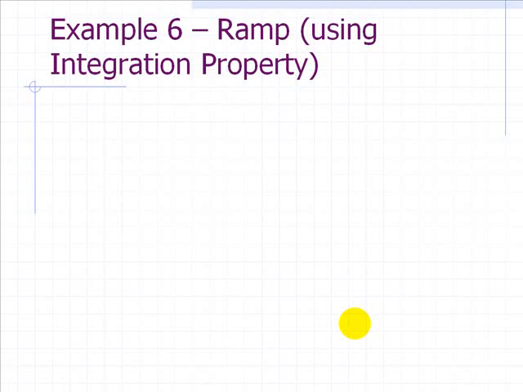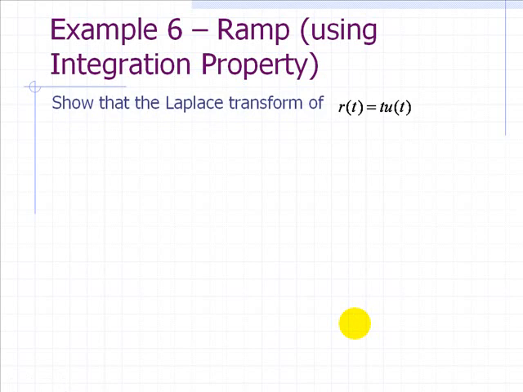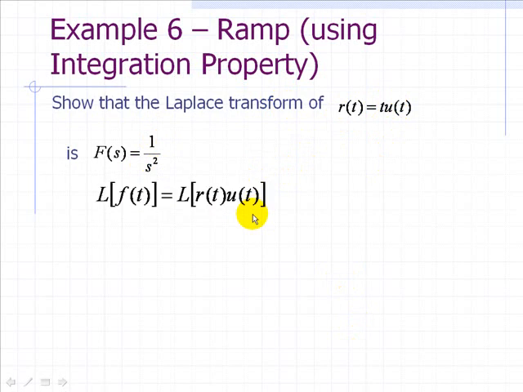Okay, here's an example using a ramp. Show that the Laplace transform of r of t, which is t times the unit step, with the Laplace transform defined from 0 to infinity, is given by 1 over s squared. So here we have the Laplace transform of f of t.